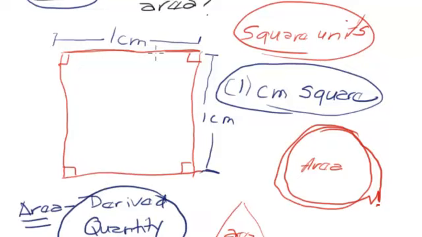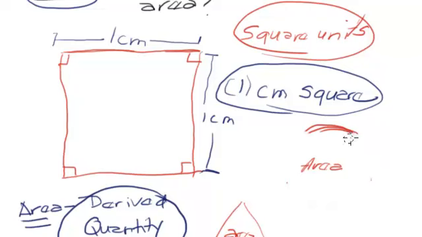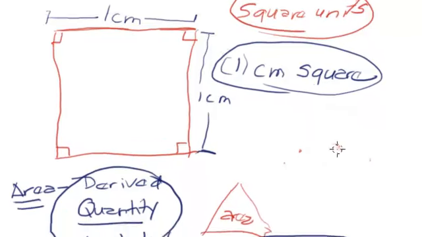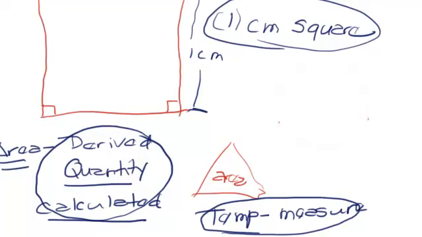If we look at this figure up here, which, if it's drawn well, is a square, and I said it's 1 centimeter on one side and 1 centimeter on the other side, and this is a 1 centimeter square, then it follows that this is a square centimeter, which is where that expression comes from. But we derive this quantity.